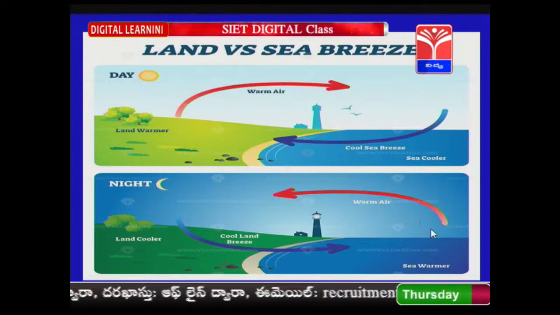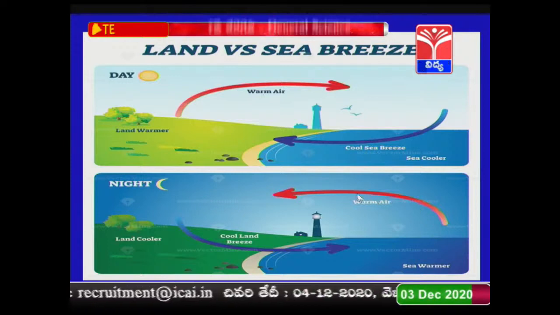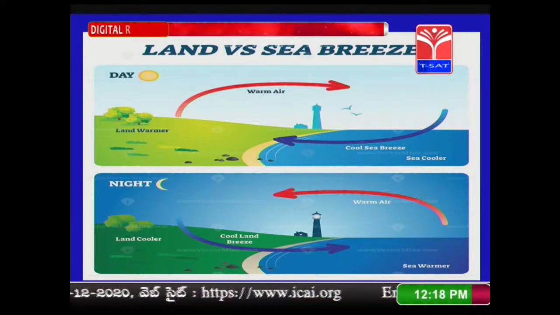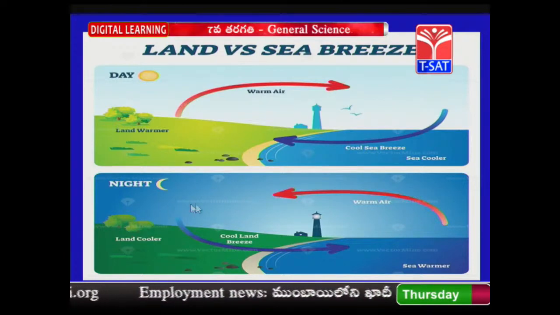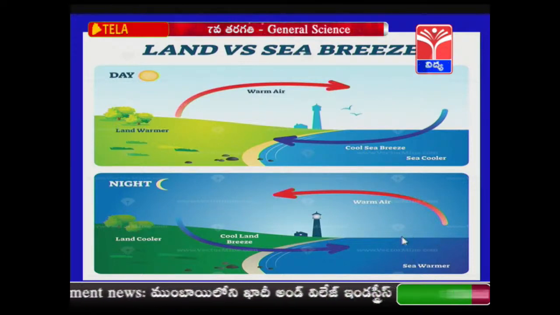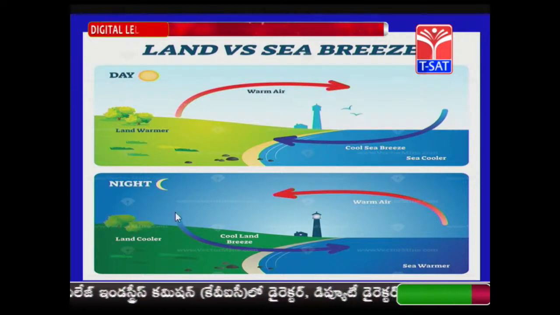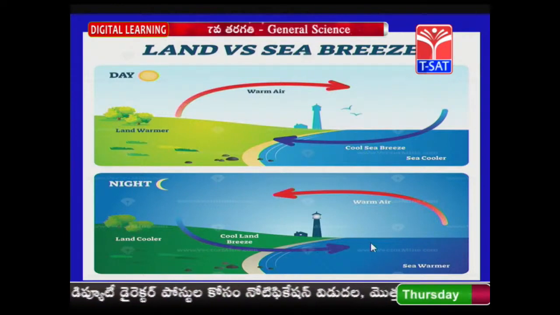As the hot air tries to move in the upward direction, you can notice, a low pressure area is created. Now, the wind from land is breezing towards the water. So, a breeze is moving from land towards the sea. This is called land breeze.